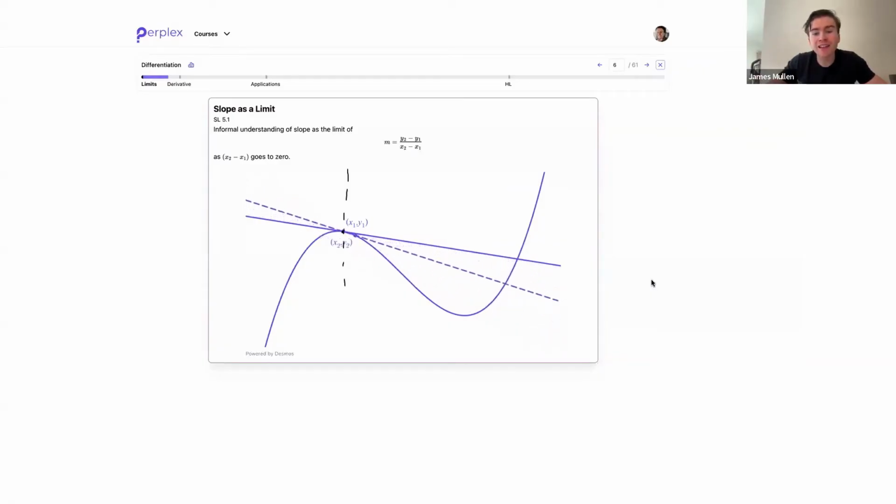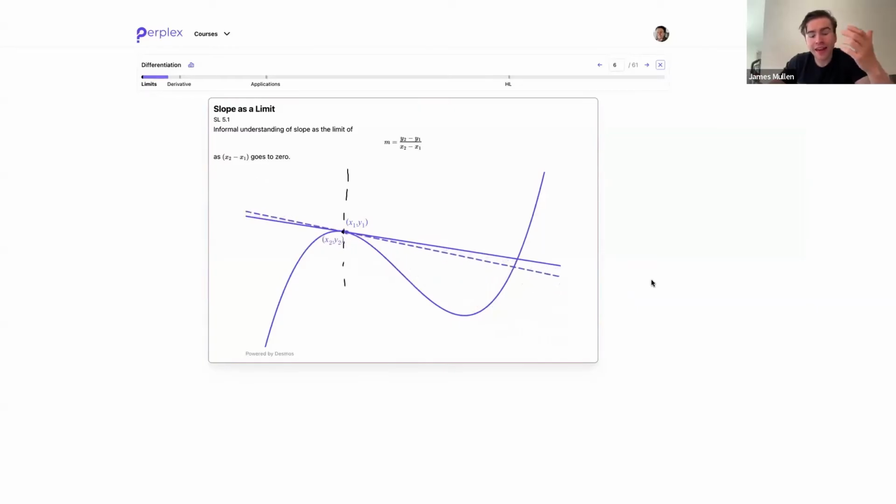And specifically, that slope gets closer and closer to the true slope when the distance from the point gets smaller, okay? So what's actually happening here is we're making an approximation for the slope by drawing a segment. We're drawing a line that goes through the point and somewhere else on the curve and measuring its slope. And that approximation for the slope is going to get better as we bring the points closer together.